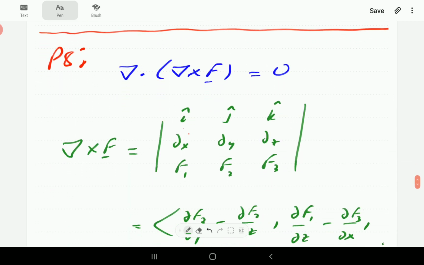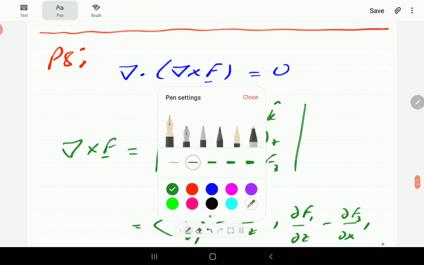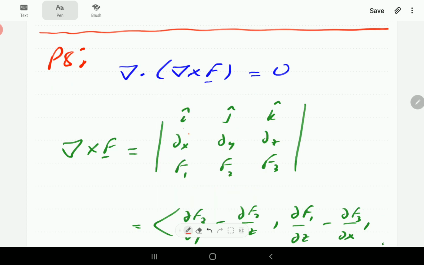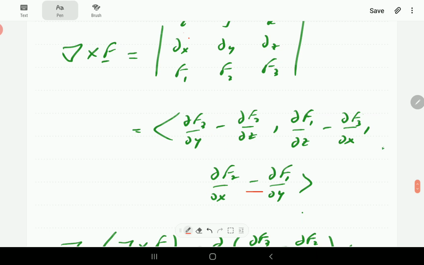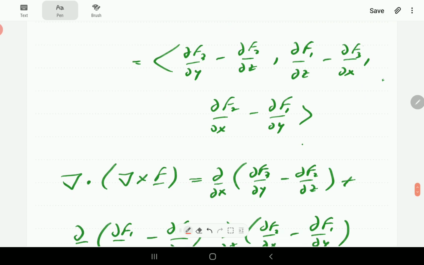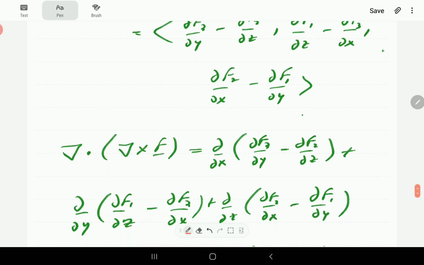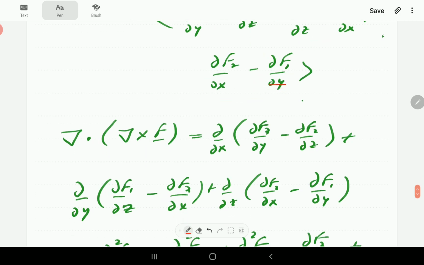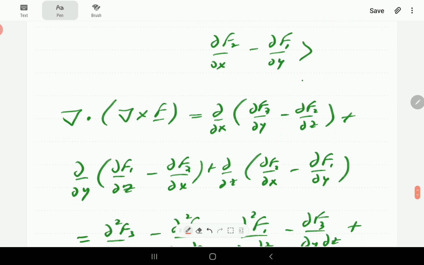So the first thing we do is to work out the curl of f, where we're assuming that f is general with f1, f2, f3 as the x, y, z components. So that is going to give us this vector here. Then when we take the divergence of that, divergence does the x derivative of the x component plus the y derivative of the y component plus the z derivative of the z component.